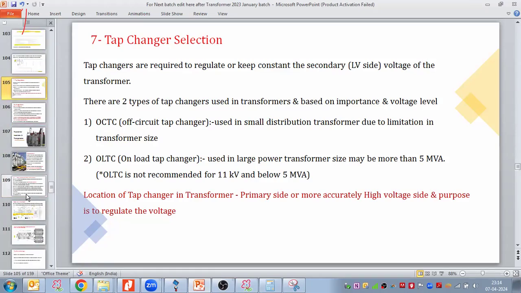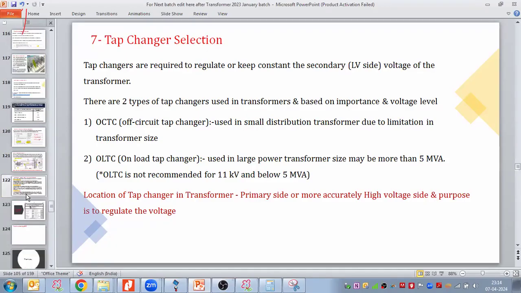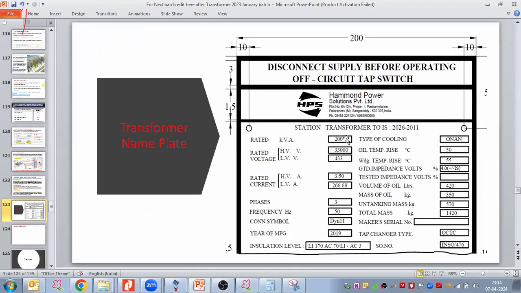I'll show you one transformer nameplate, which is a 200 kV transformer, and on this nameplate it is written: disconnect supply before operating off circuit tap switch.